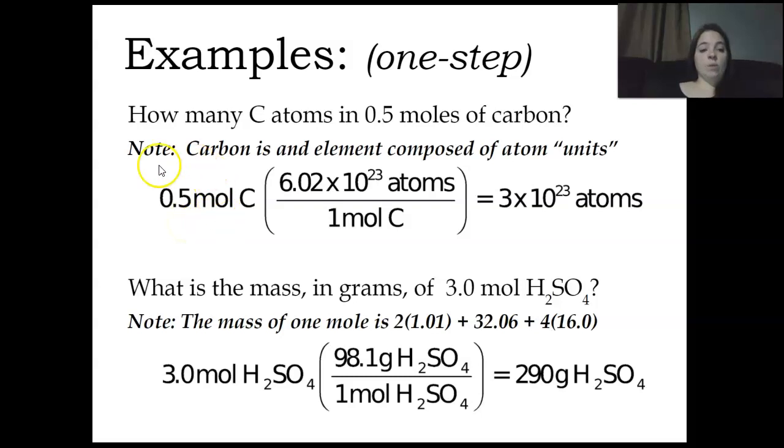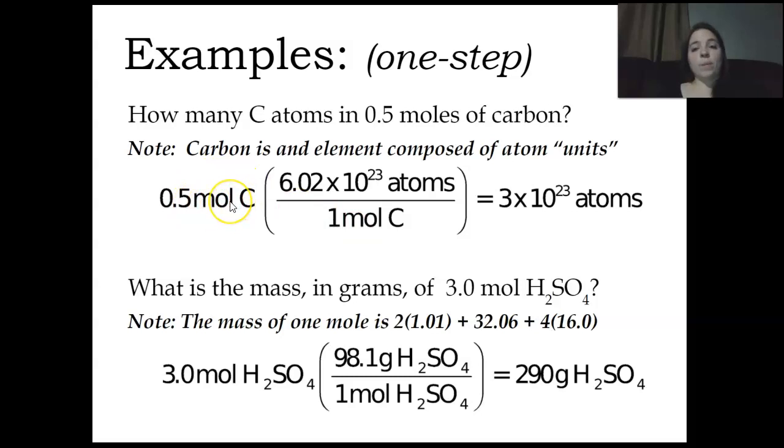So what do I do? I put my given down. My given is moles of carbon. What I want is atoms of carbon. How do I get there? MVP to the mole. If I'm going from the mole out, I'm going to multiply. What I mean by that is, for every 1 mole, there are 6.02 times 10 to the 23rd atoms.